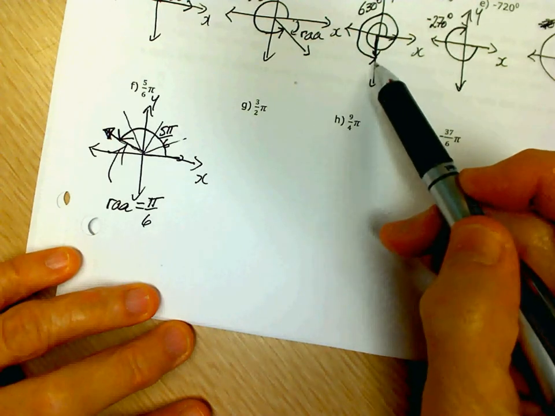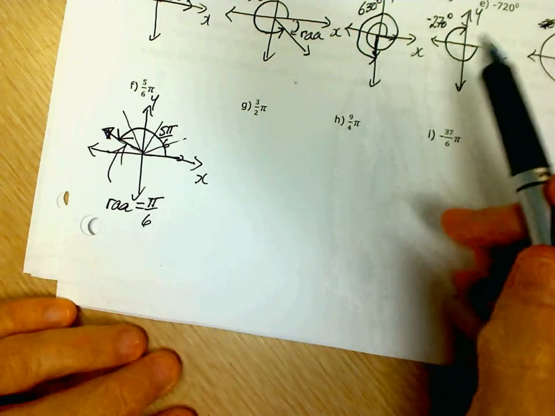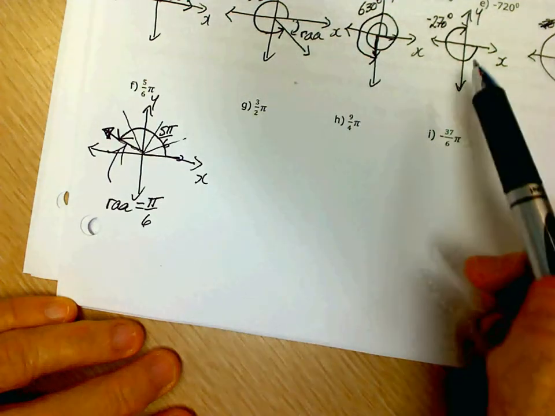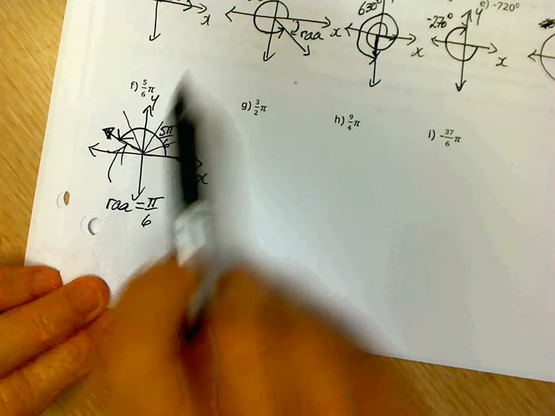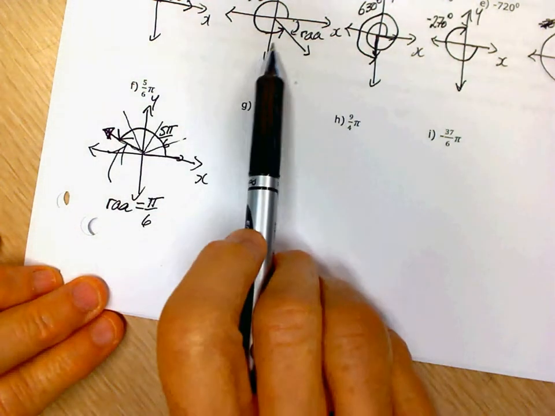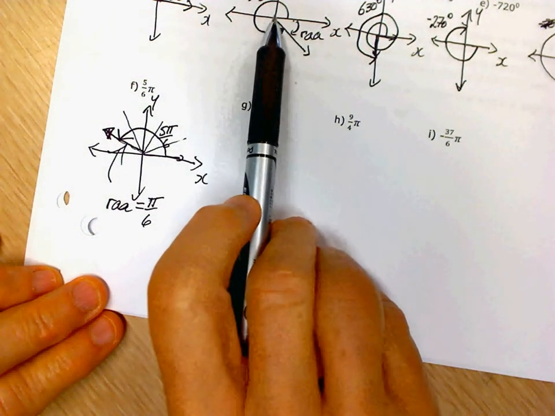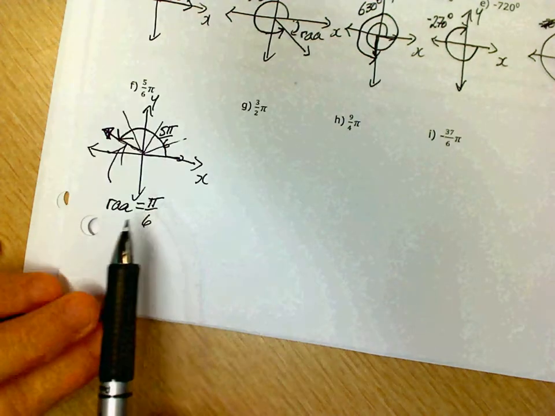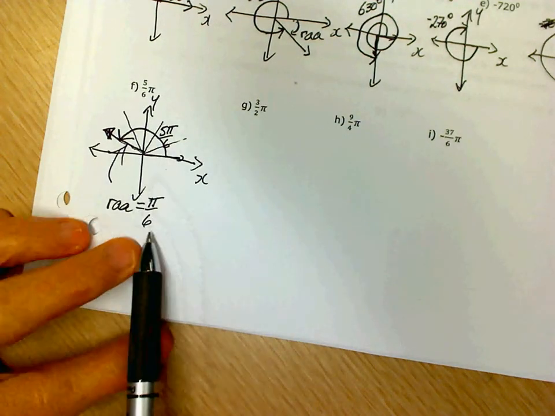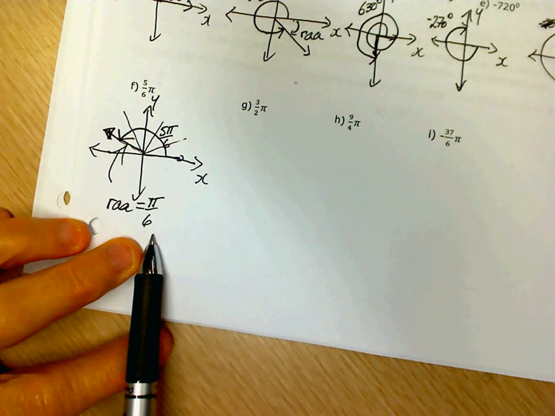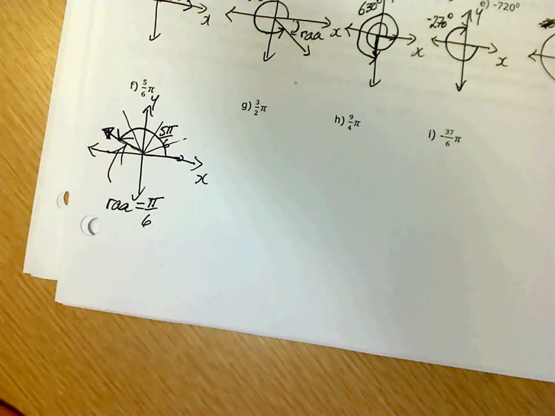You'll see the reasoning tomorrow when we try to find the trig ratios of quadrant angles, and the trig ratio of 5 pi by 6 you will see depends on its related acute angle. Okay, so it'll make more sense tomorrow. 3 pi by 2.